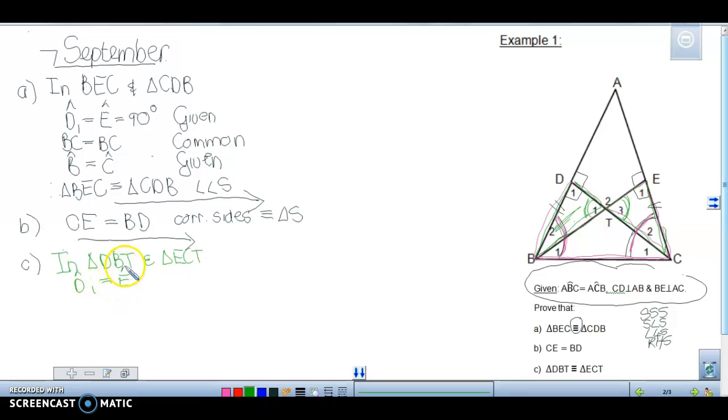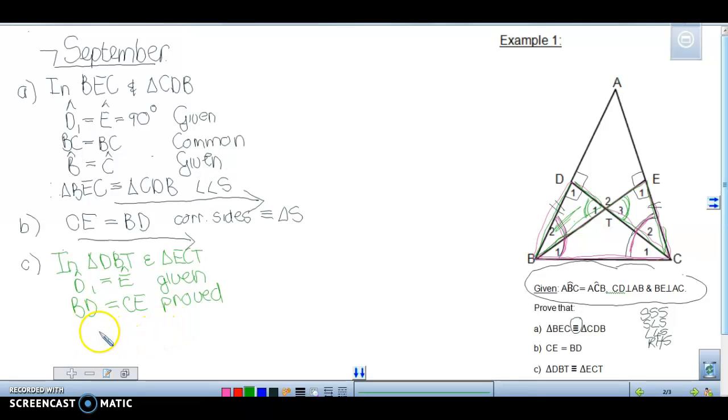And you have to say this every time, and it is given. Secondly, we have that BD equals CE. And we proved that. And you can just say proved. We already said in the previous statement why that is true.